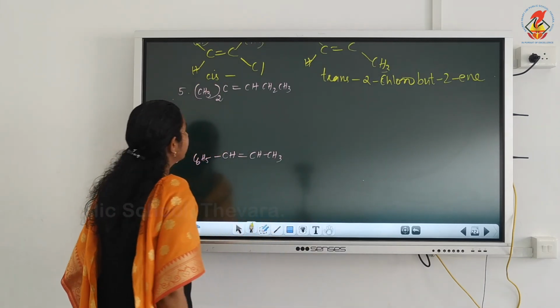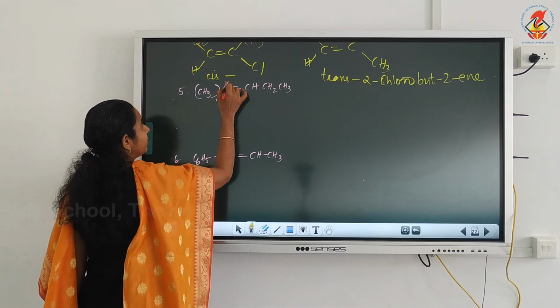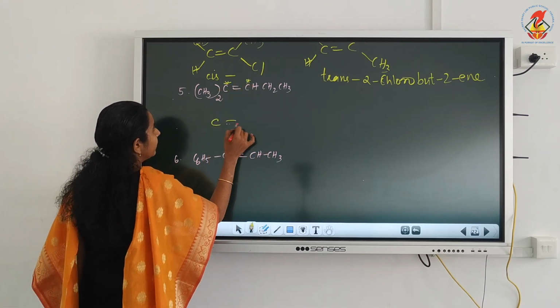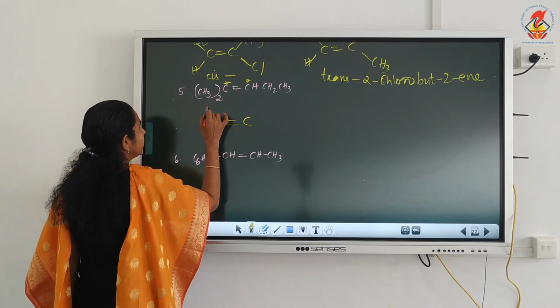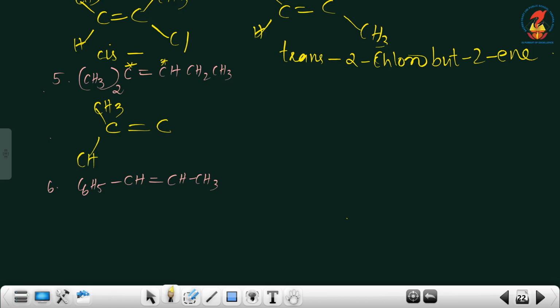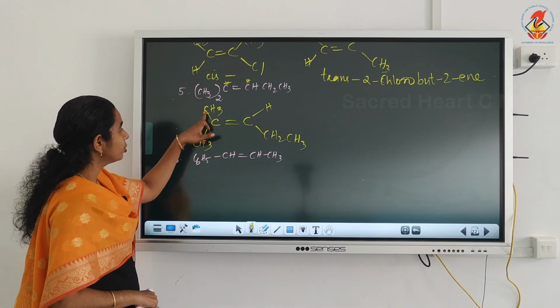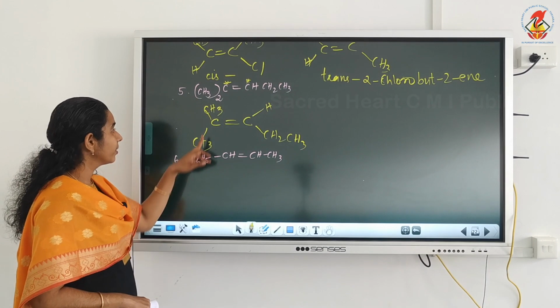Now the next question. So here also, which are the double bonded carbons here? These two carbons. So C double bond C. Which are the groups on the first carbon? 2 methyl groups. On the next carbon, one is hydrogen and one is CH2CH3. So here also, if you look at the structure, on this carbon there are 2 methyl groups present.